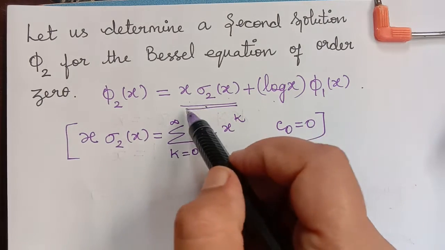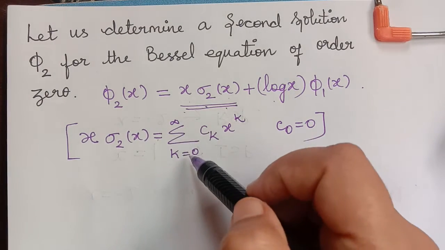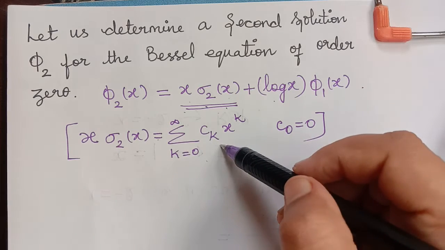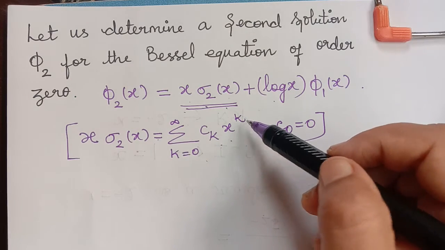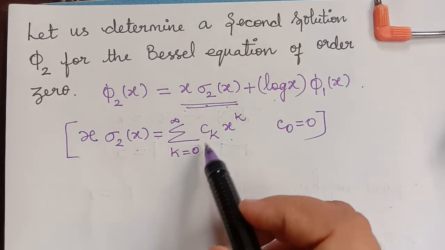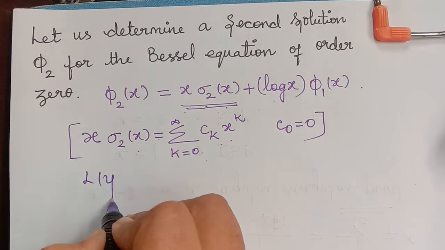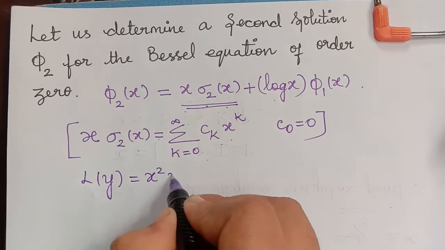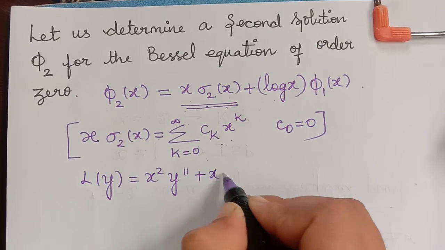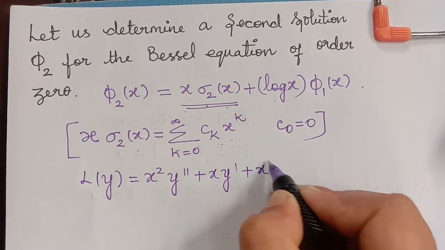So now in this x sigma 2 of x, we take summation k equal to 0 to infinity ck x power k. We know that phi 2 is a solution of L of y equal to x squared y double dash plus x y dash plus x squared y.